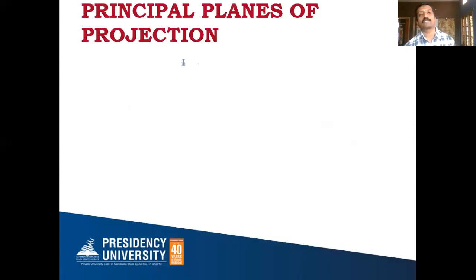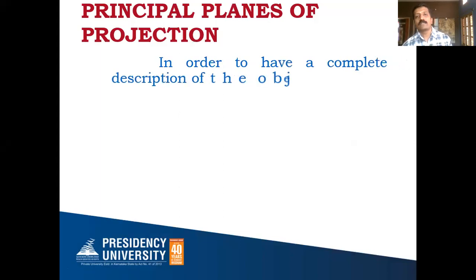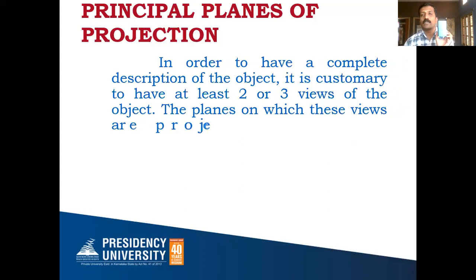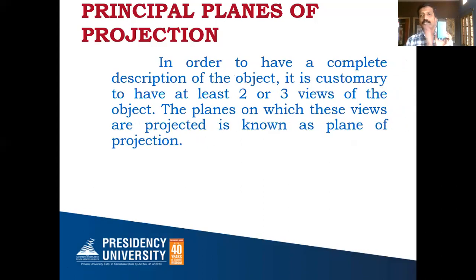Principal planes of projection. So this particular object, if you see it from different positions, then only can I describe the entire shape as well as size of this object. For that we have principal planes of projection. So let us discuss what exactly the principal plane is.